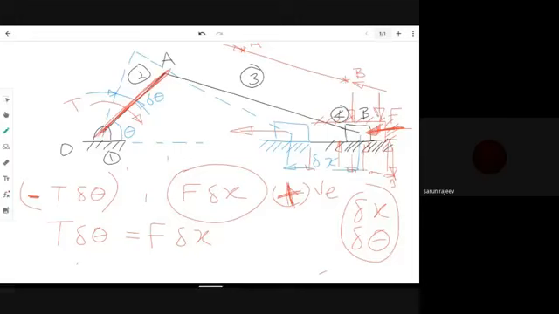Right, because one is negative and the other is positive. That means T delta theta plus F delta x should be equal to 0. This is the total work done.